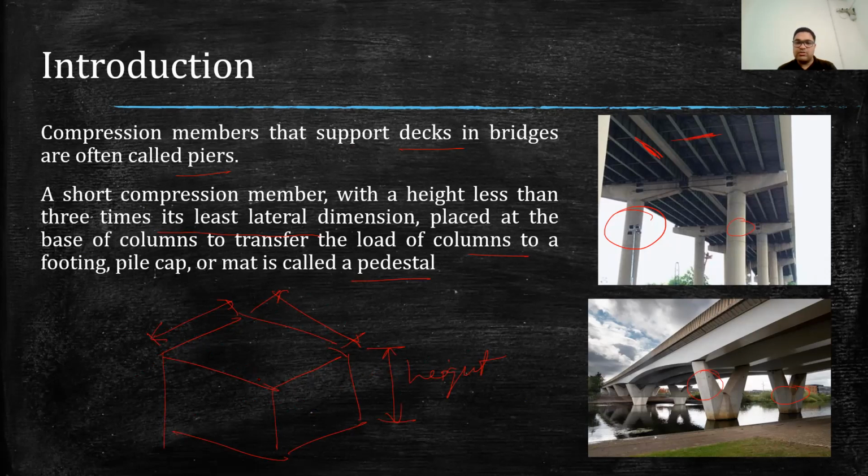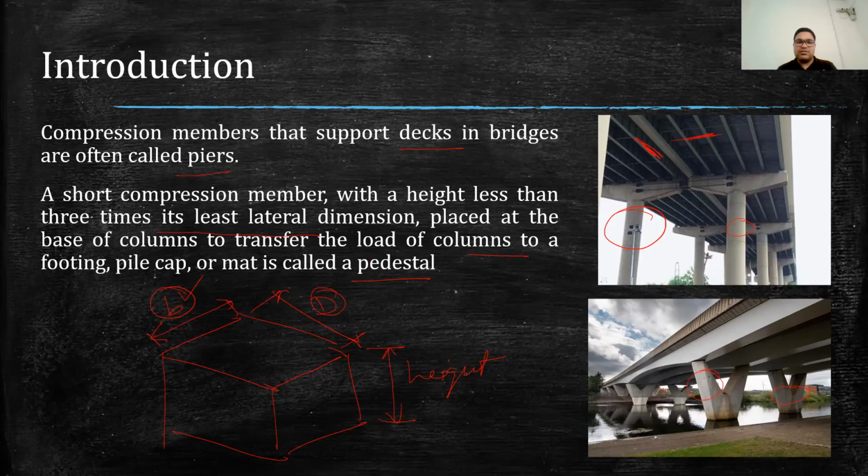If it is a rectangular member, say this is B and this is D. We will generally consider B as the least one and D as the higher one. So B and D both are lateral dimensions, but least lateral dimension will be B.